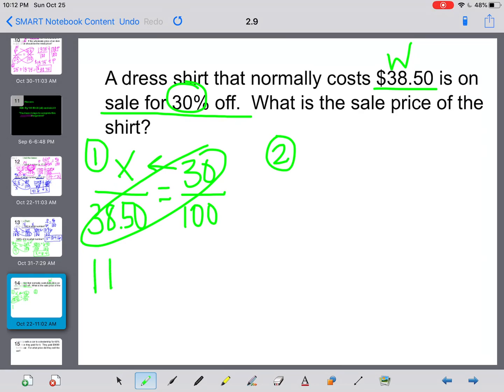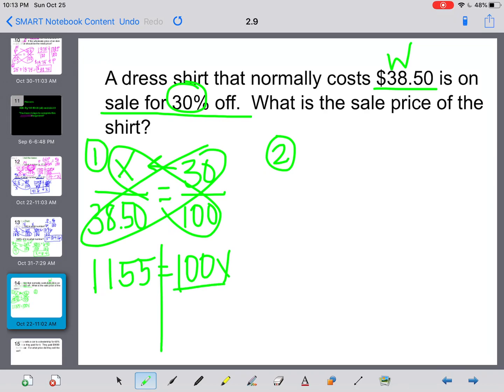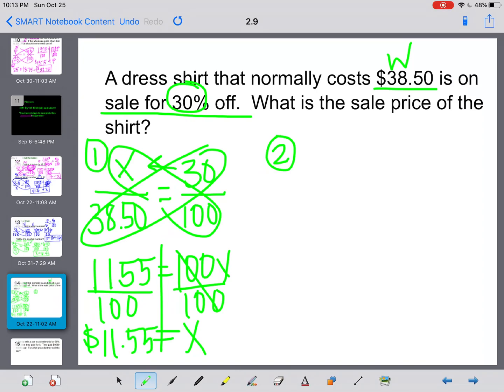So 30 times 38.50 is 1,155, and that's going to be equal to 100x, divided by 100. And I find out that 30% is $11.55.